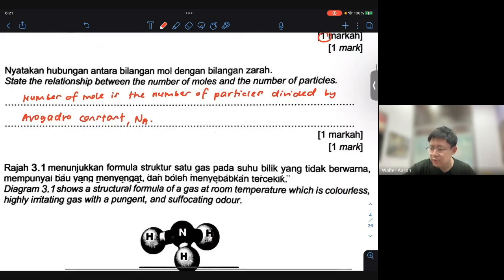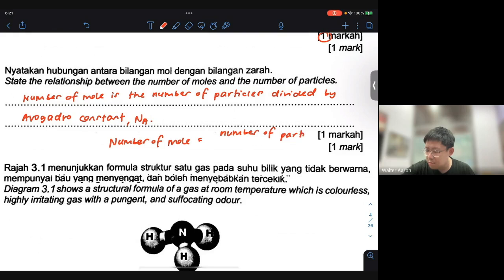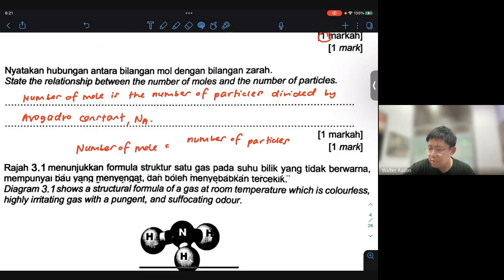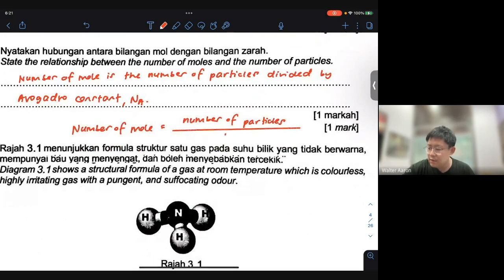Or if not, you can do this also. Right, divided by Avogadro's constant. So either way, you should be able to get 1 mark in total lah.